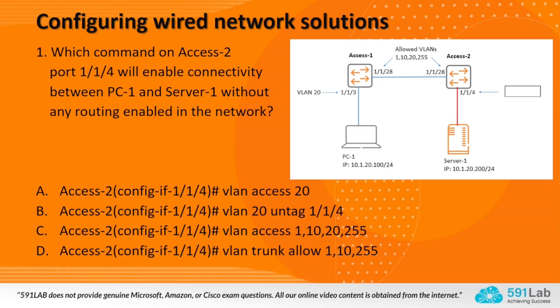There is no such command. Option C, config 1/1/4 VLAN access 110. No, there is no such command. Only one VLAN can be configured as access. Option D, under 1/1/4 VLAN trunk allow. No, that is also wrong, because 1/1/4 should not be a trunk port. So the correct answer is option A.